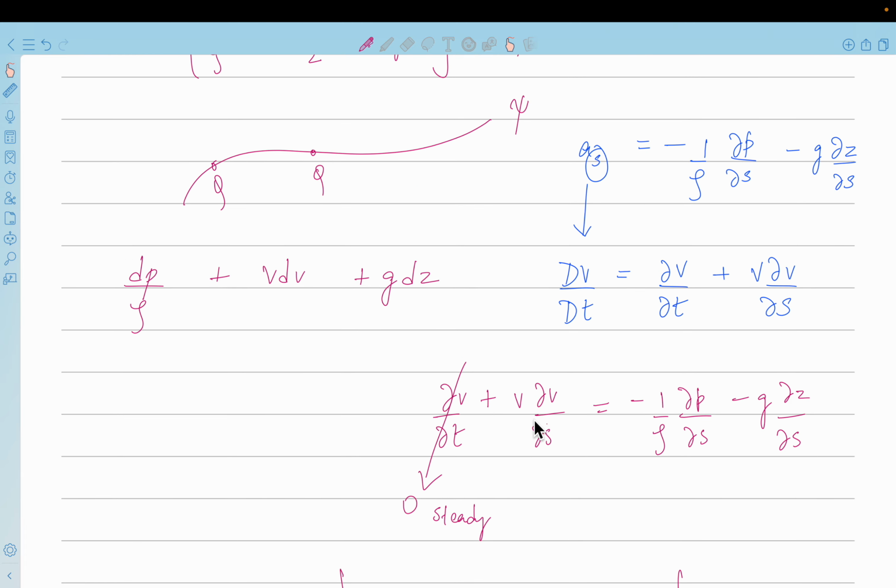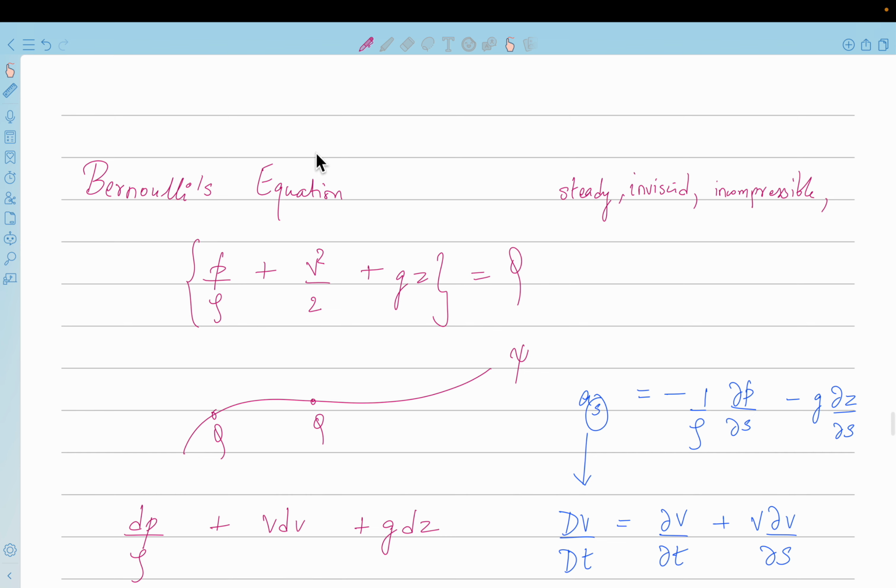Okay, so you see that Bernoulli's equation is valid only along a streamline, and still we are able to sometimes apply it all throughout the flow. When can we do that? Under what condition can we do that? No, that we have already applied: steady, inviscid, incompressible.